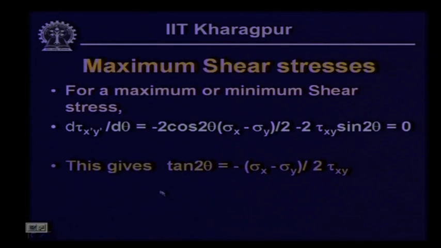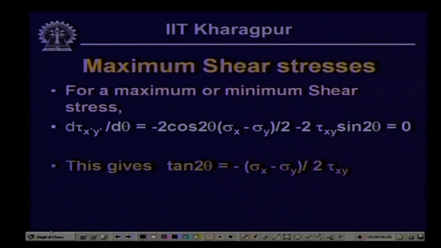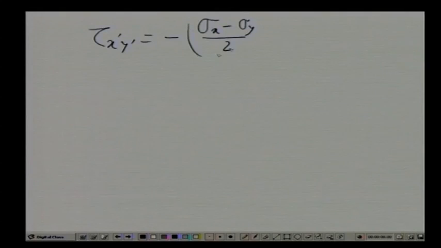Now, having looked into the maximum values of the normal stresses, which are the principal stresses, let us look into what will be the value of maximum shear stress. We have seen that the shear stress on any plane x dashed y dashed, tau x dashed y dashed, equals minus (sigma x minus sigma y) by 2 sin 2 theta plus tau x y cos 2 theta.